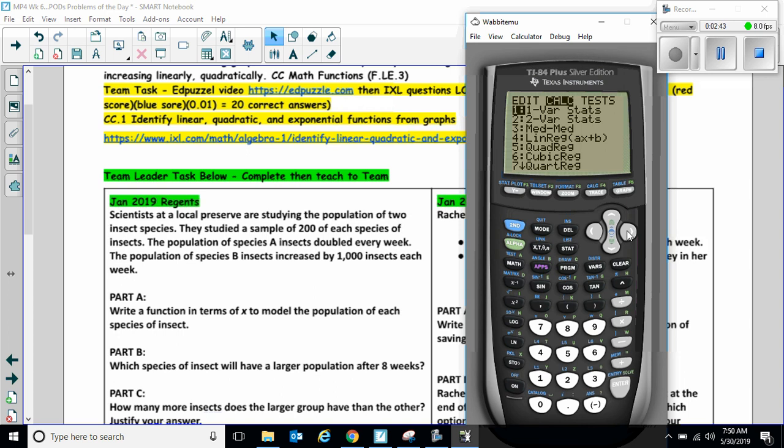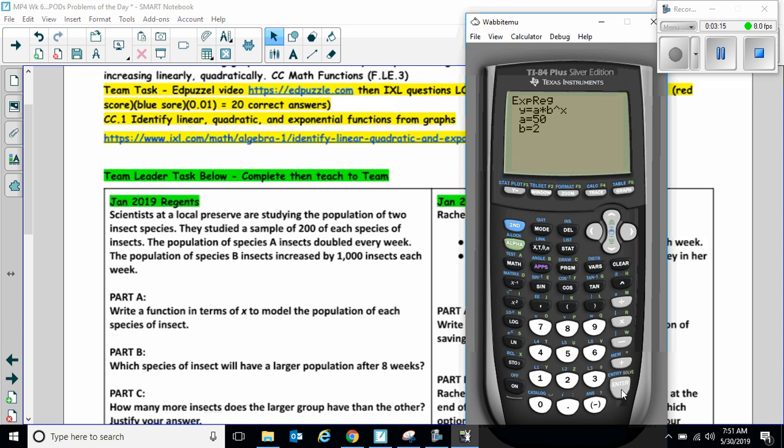Let's start with an exponential regression. Let's see if I did that right. No, I didn't. Clear it out. Stat, calc, enter.